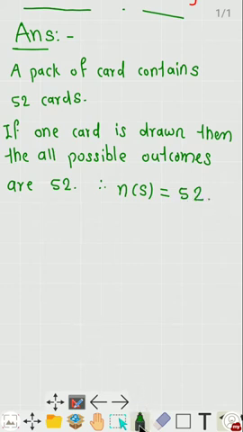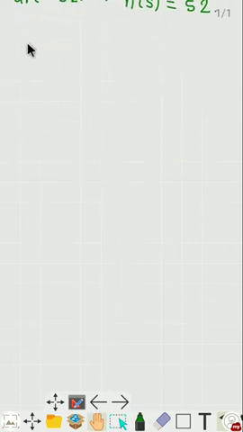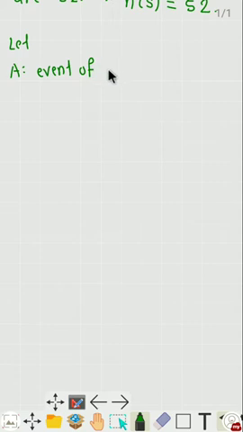Now let us go to the case: draw a red card or draw a king card. Let A denote the event of getting a red card.